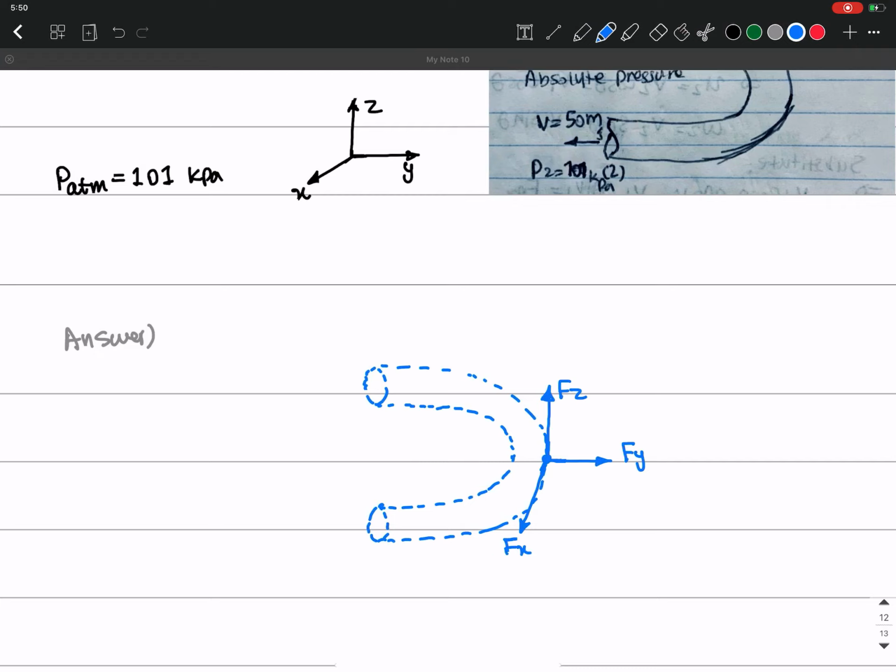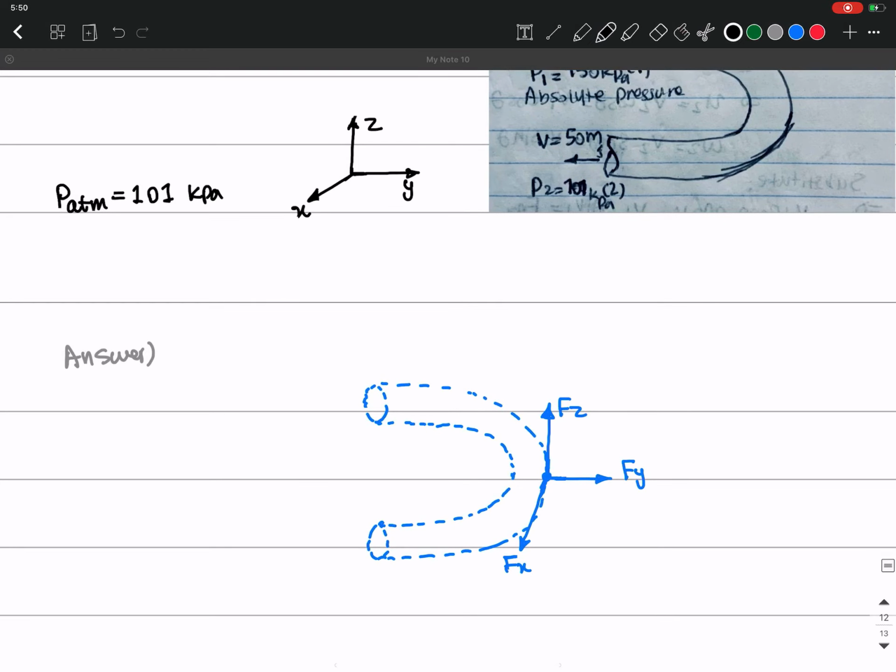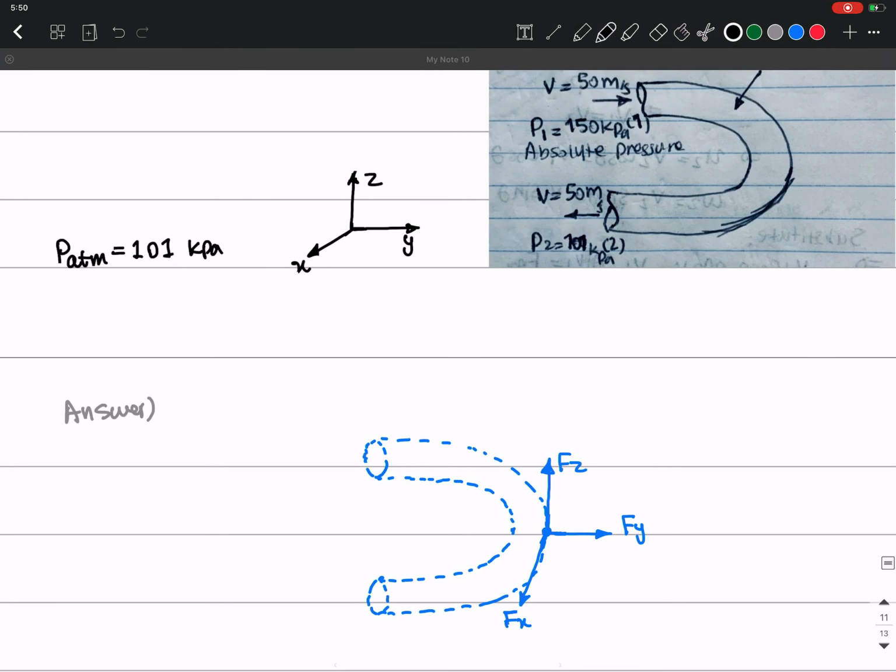Also, we have the forces. So these are the forces acting on the CV contents. So the other forces we have are the fluid forces.